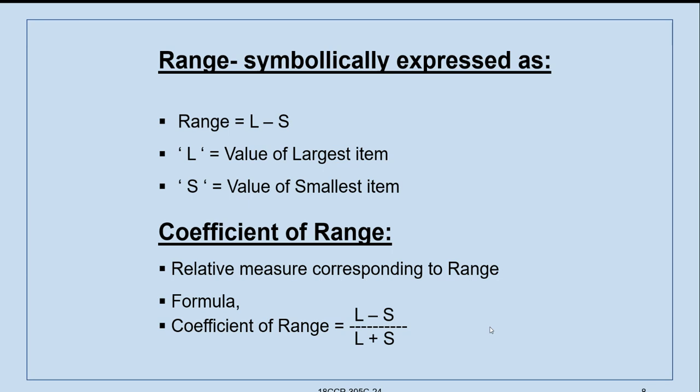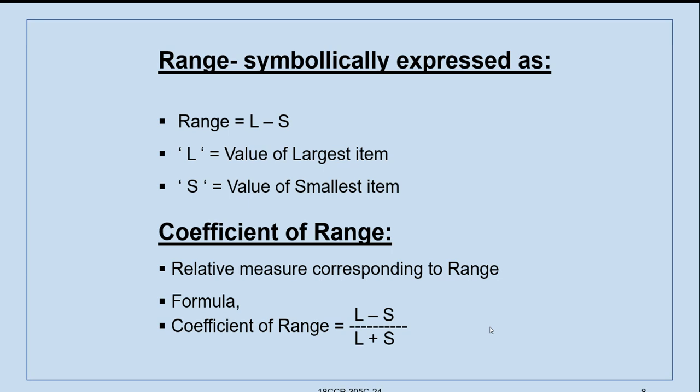So coming to the coefficient of range calculation, as I said, it is relative measure corresponding to range. Where the formula is L minus S divided by L plus S. As I said, L is largest value and S is smallest value.